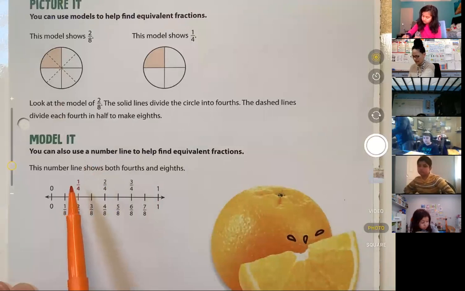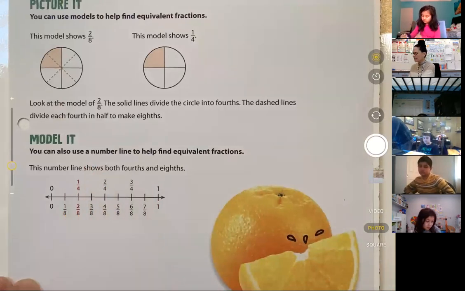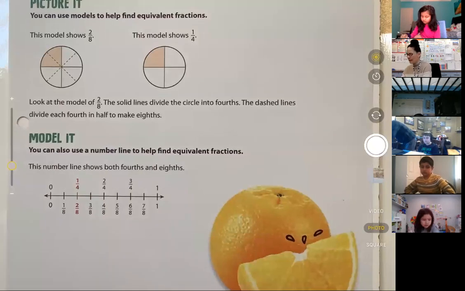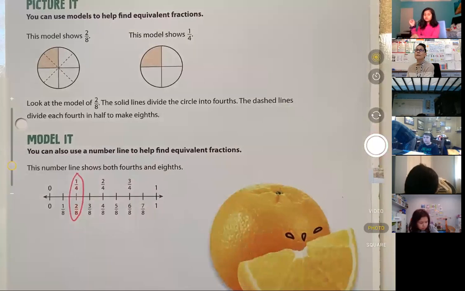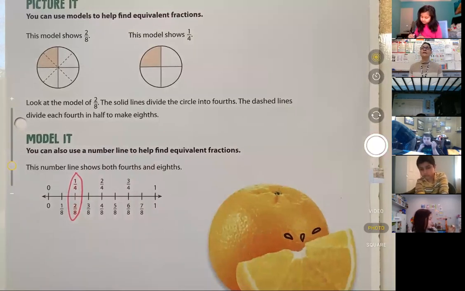Is it the same place on the number line? And we have confirmed that it is. Again, cross multiplication. We'll check your work and we'll prove it. These two fractions are equivalent.